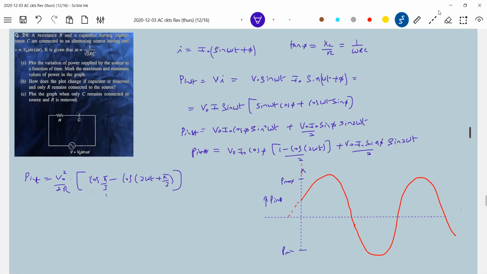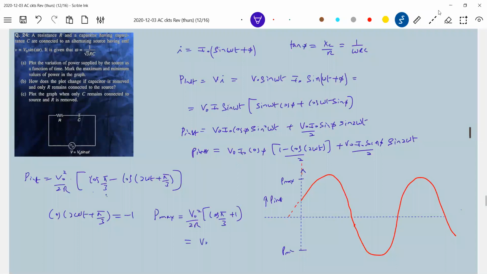When this is equal to -1, maximum power will come. When cos 2 omega t is equal to -1, we'll get maximum power. V naught square by 2R cos pi by 3 plus 1. Cos pi by 3 will be 1 by 2.